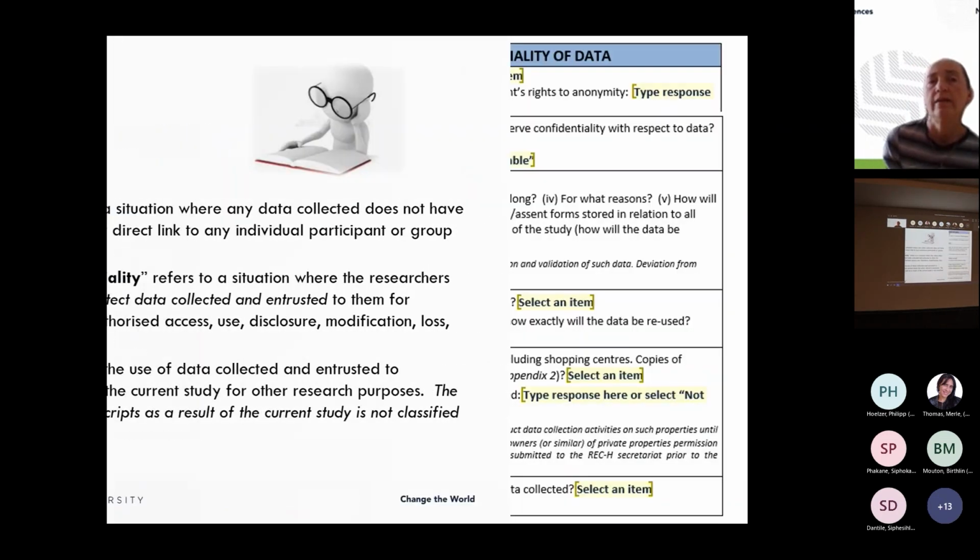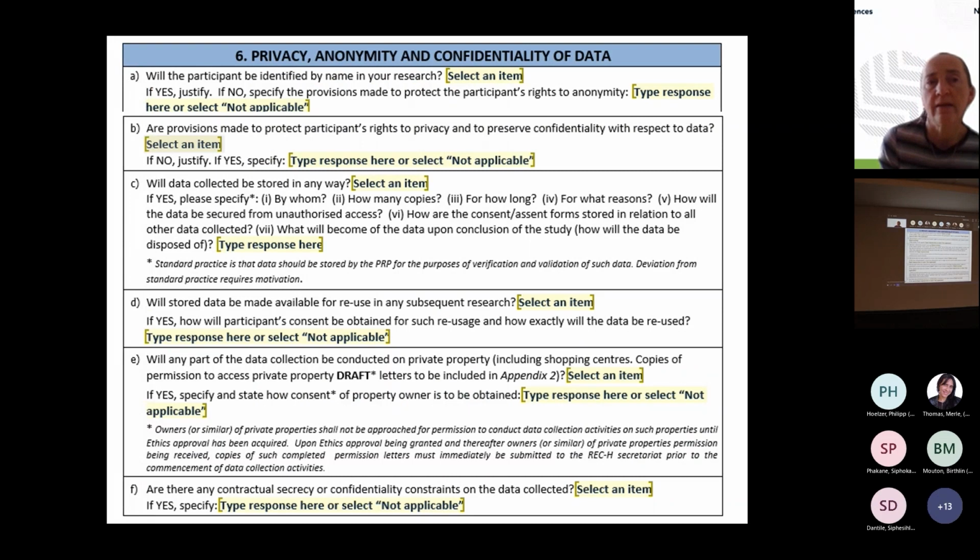Okay, so let us quickly look at these 6 questions. Will the participant be identified by name in your research? It's a yes or no. Again, if it is not applicable, you mark not applicable. In most cases, we do not identify our participants in our research. If we do focus group interviews, we will use a code to identify them.